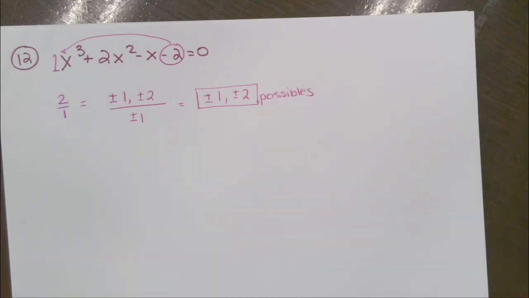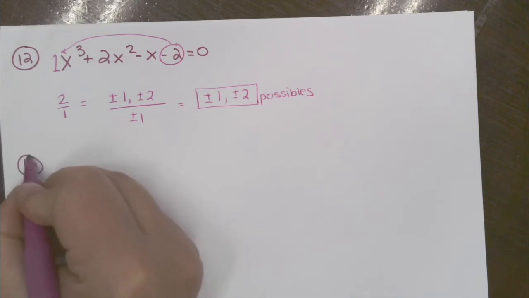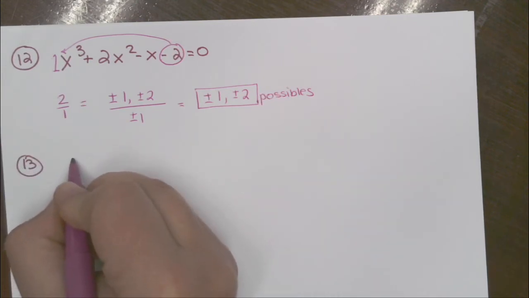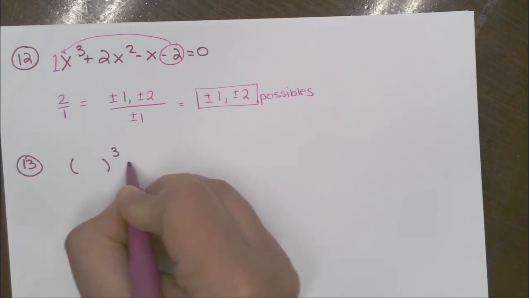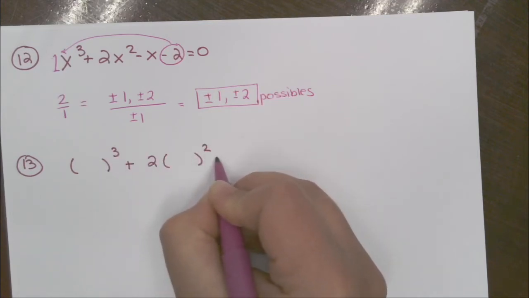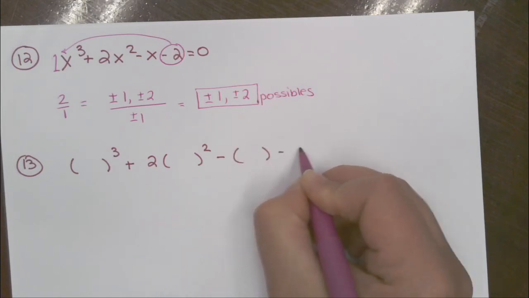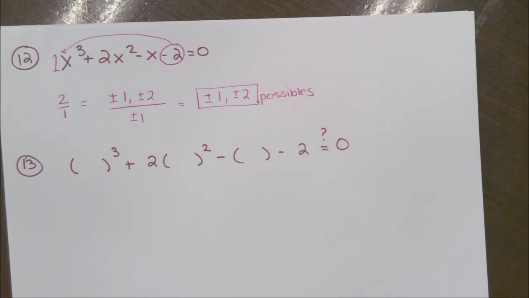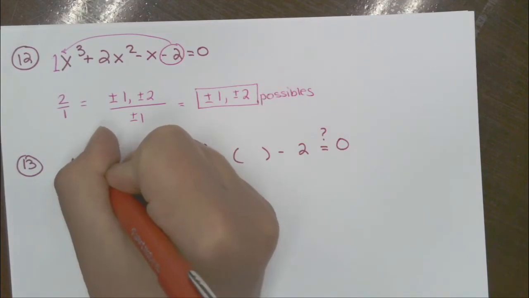Now number 13 is asking you which ones actually work. So anywhere you put an x, you're going to place a bubble, I call them, and you're going to check which one does give you a 0. Anyone who got that question right, what was a 0? Shout it out for me, please. Negative 1.